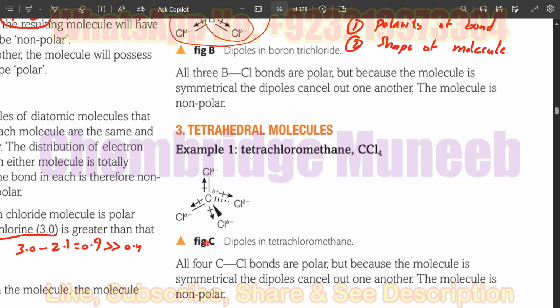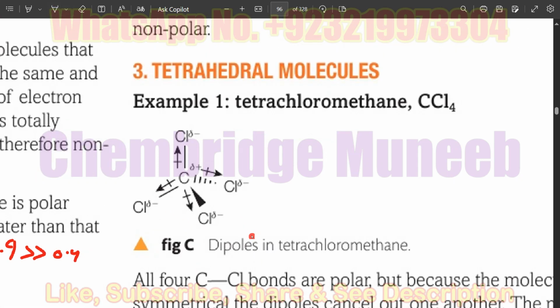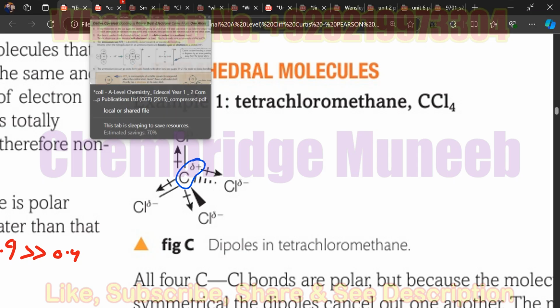Now for CCl4, the carbon is less electronegative and chlorine is more electronegative, so carbon will be considered the partial positive center, and the chlorines will all be partial negative ends.